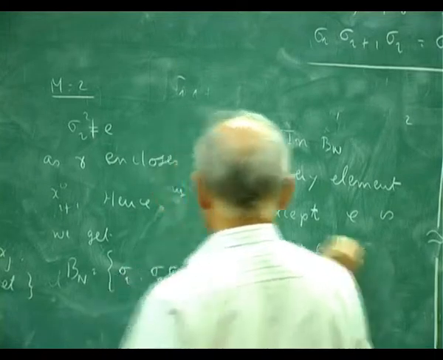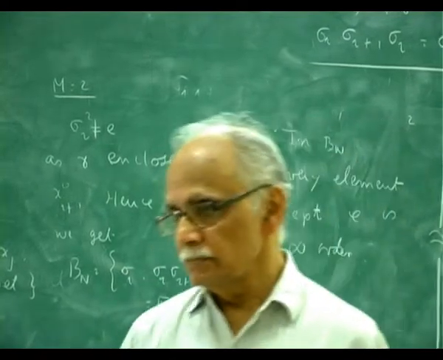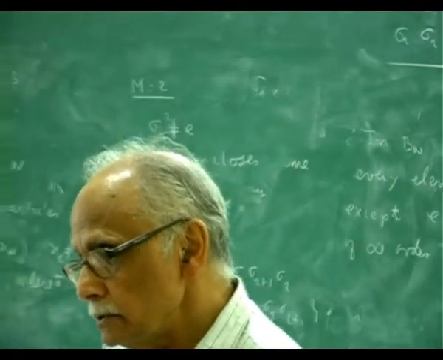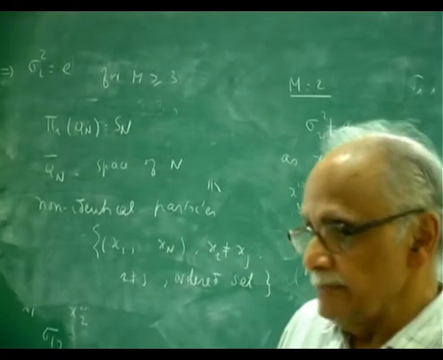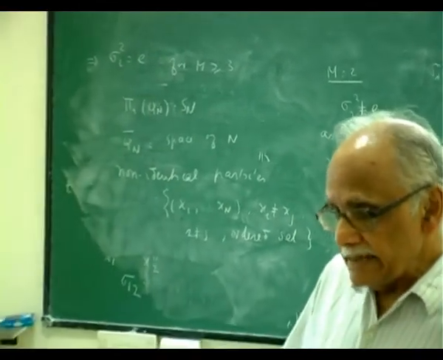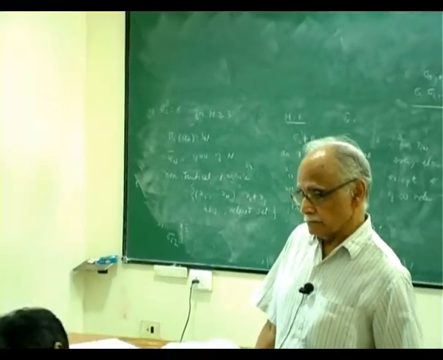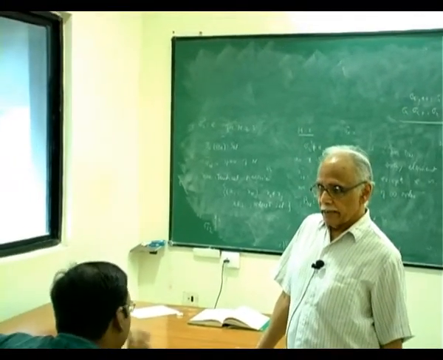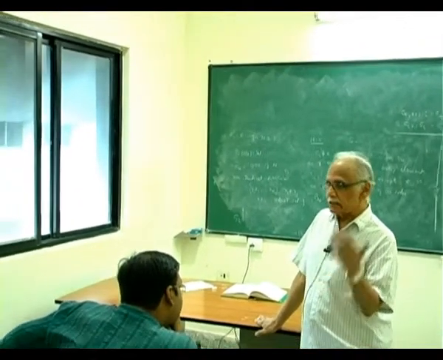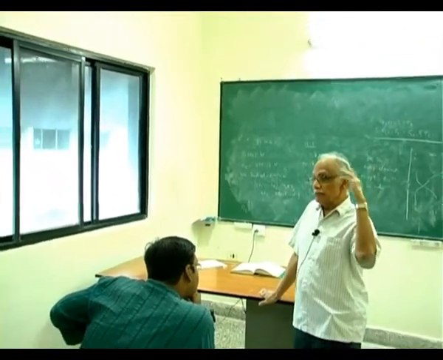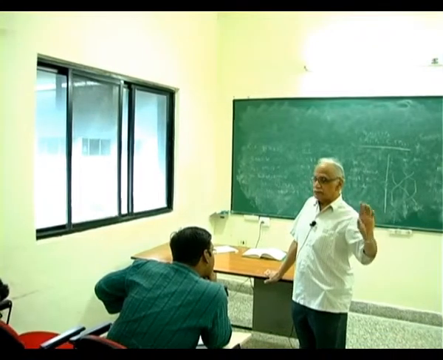Sorry, how does Bn follow from this? This is the definition of the braid group. It is the statistics group of n identical particles in a plane. And then one proves in books that this is a huge group. Every element has infinite order except identity.